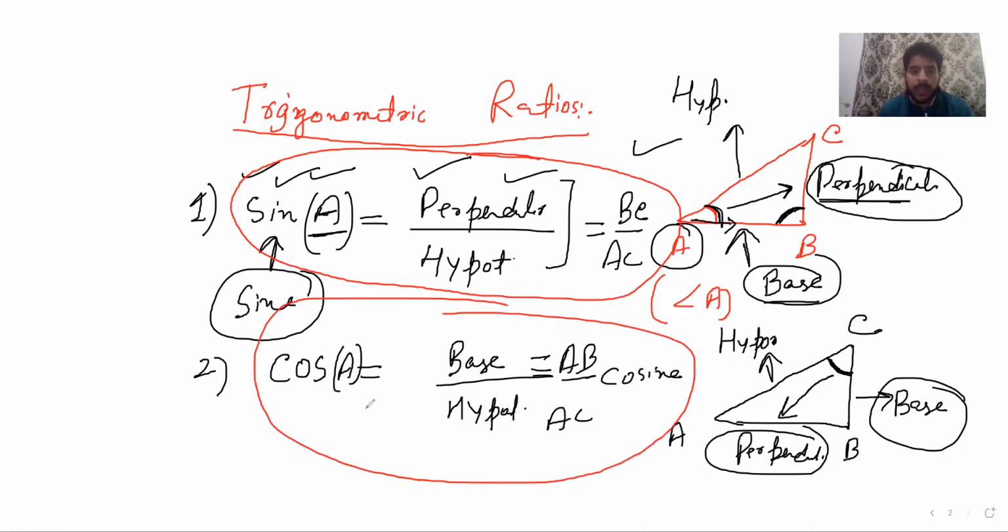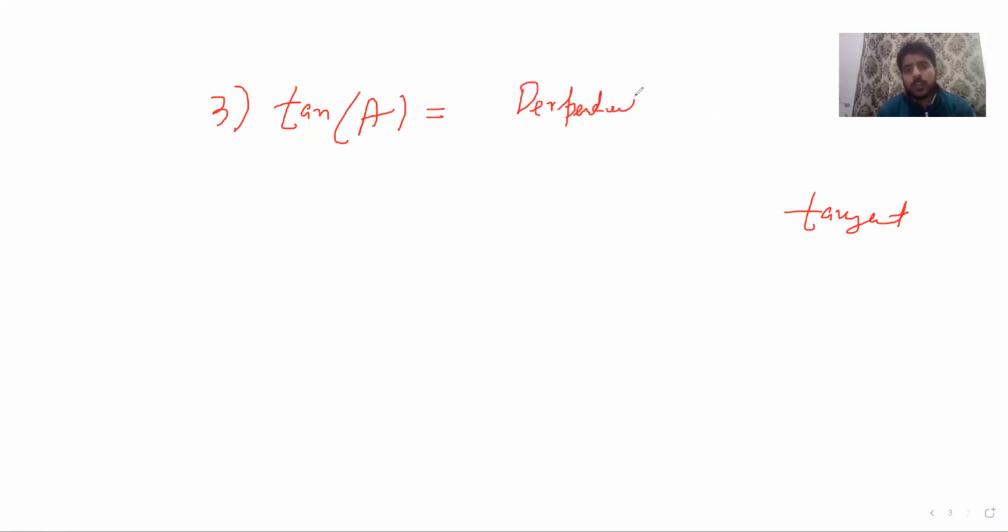Third thing is your tan, that is tangent, and it is abbreviated as tan. So tan of the angle is given by perpendicular divided by base.